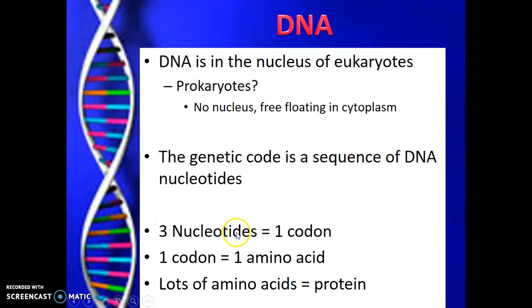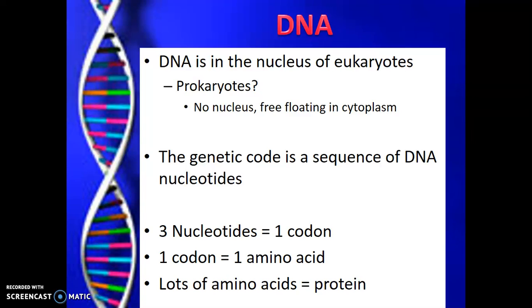A set of 3 nucleotides, those building blocks, equals a codon or a code word. That code word is for an amino acid. And if we remember Unit 1, amino acids come together to make proteins, okay? So your genetic code is made of nucleotides, A's, T's, G's, and C's.